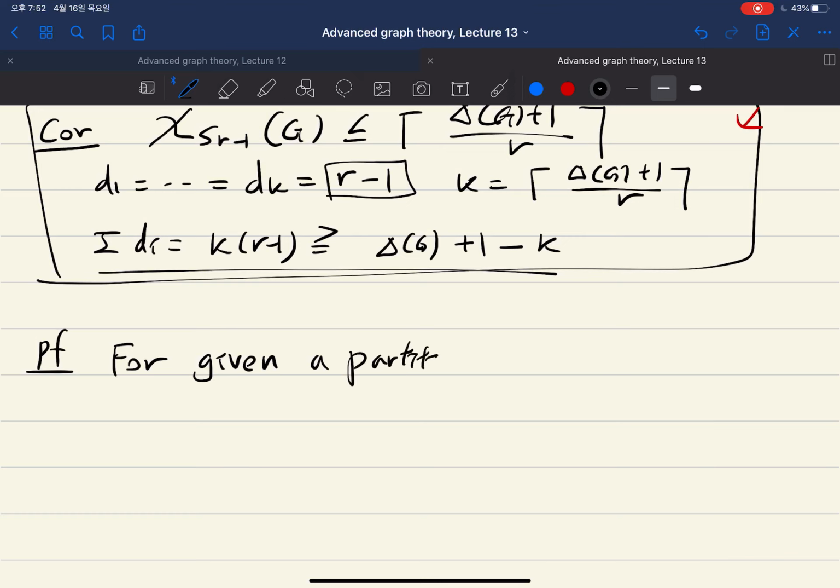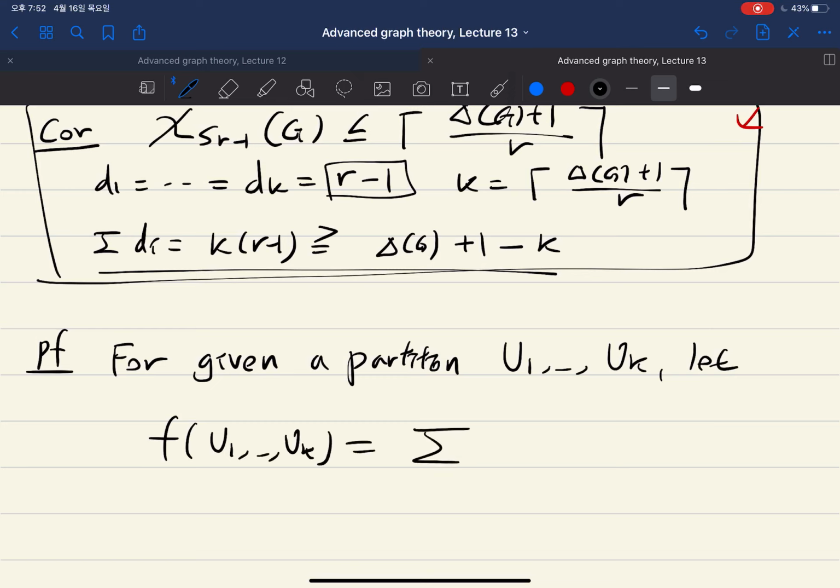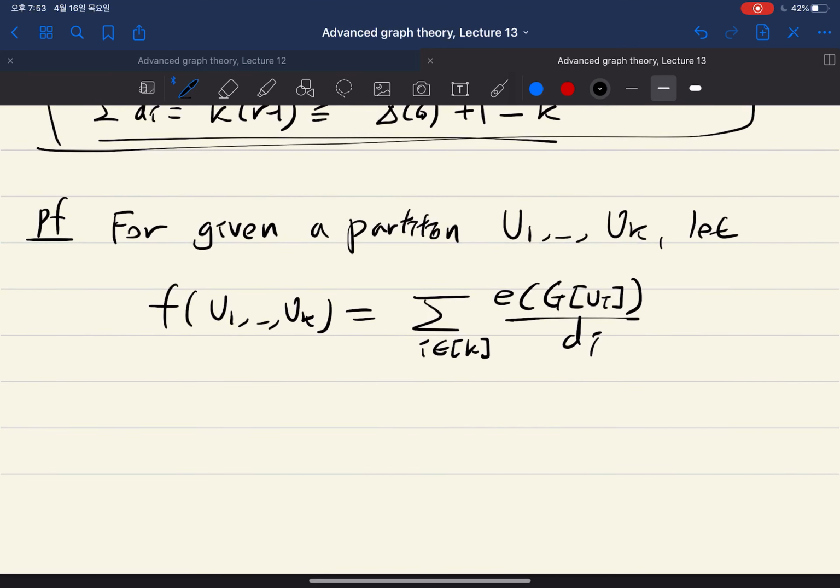Let me show you what I mean. For a given partition U_1 to U_k of the vertices, we define the function f of U_1 to U_k as the summation of the number of edges inside each U_i over d_i, summed for all i between 1 and k.